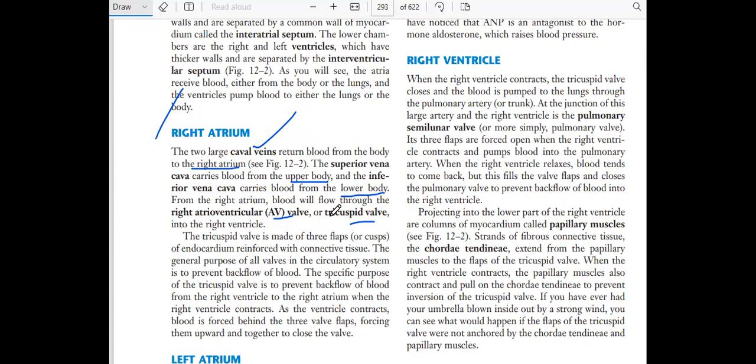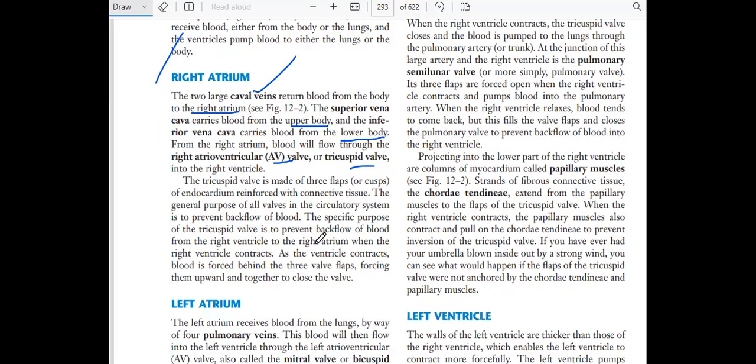They give short forms, AV, TV. So you have to understand AV means atrioventricular valve, and TV means tricuspid valve. In the report they only give TV. You have to observe all these terms, which is very important.